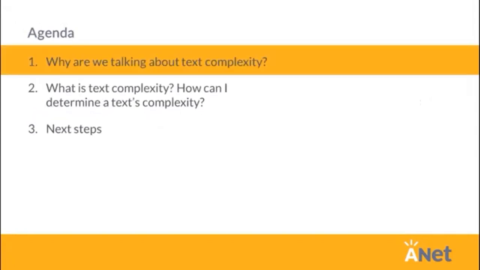Here is our agenda for this screencast. You can see that we'll work through the answers to several questions that you may have about text complexity. We'll begin by making a case for why text complexity is important. Next, we'll talk about what text complexity is and how to define it. And we'll close by naming next steps related to text complexity.